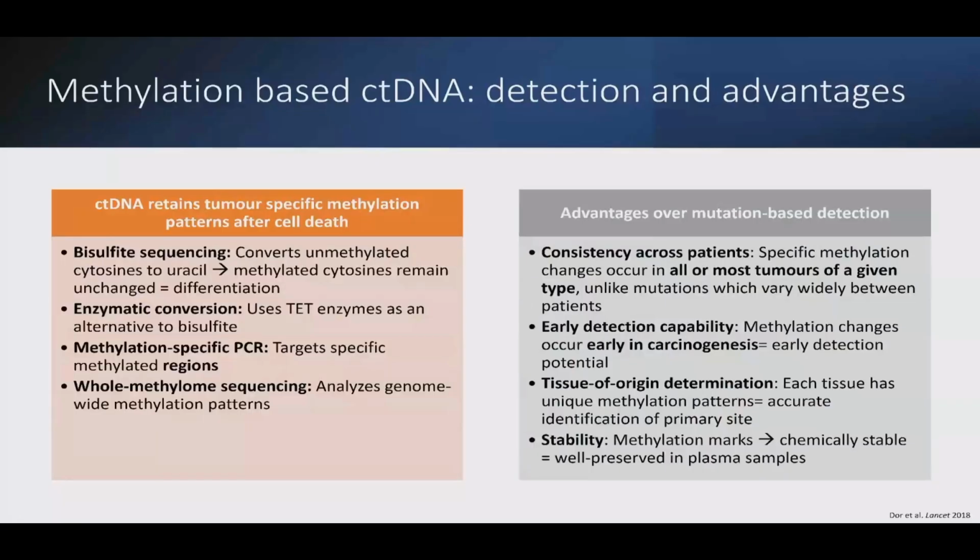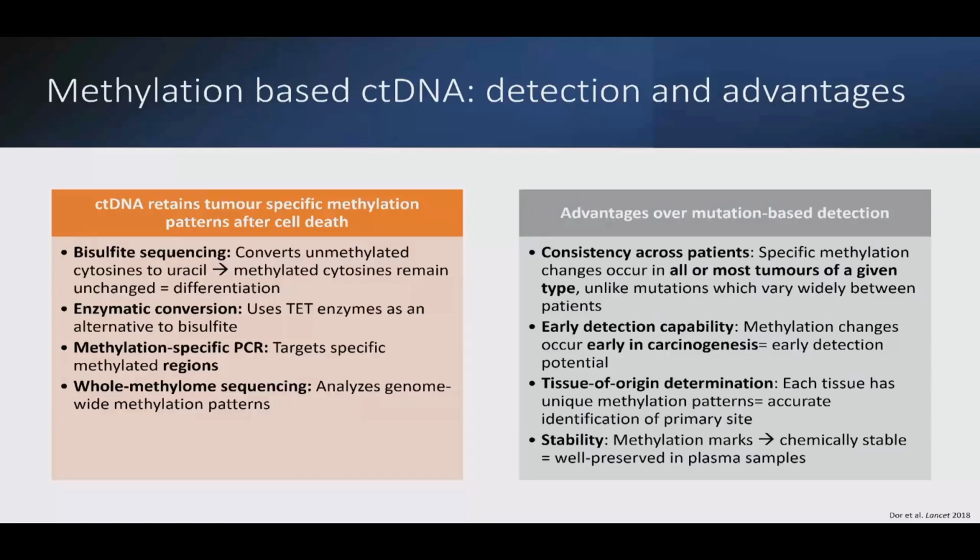Methylation-based ctDNA can be detected in several different ways. First, bisulfite sequencing is the traditional gold standard for methylation detection. It converts unmethylated cytosine to uracil, so only the methylated cytosines remain, which allows for detection of the methylated segments.